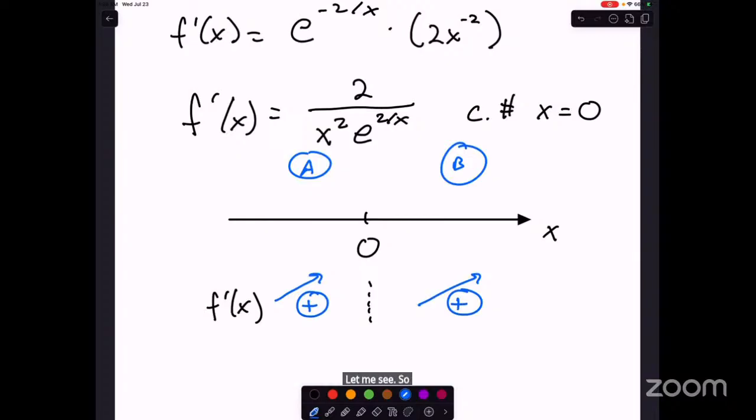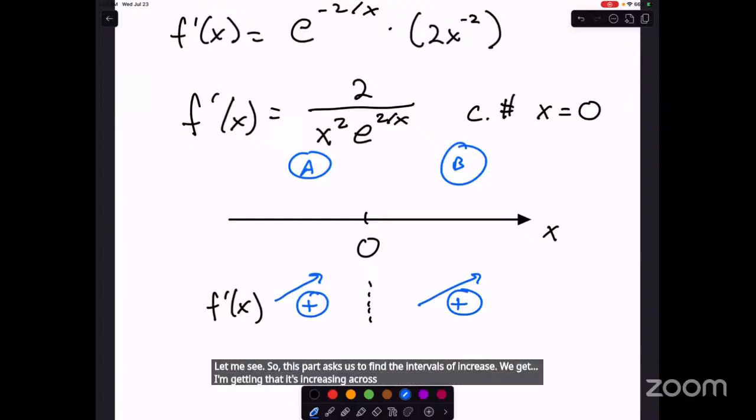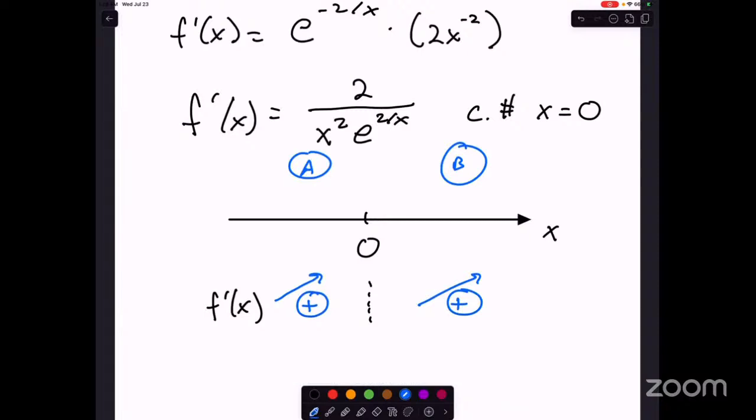This part is to find the intervals of increase. I'm getting that it's increasing across the entire graph, and it's decreasing nowhere. I'm getting no local max or mins because we're not getting our change there.